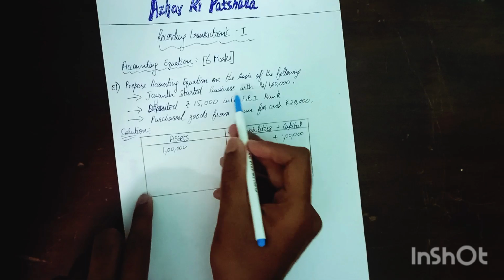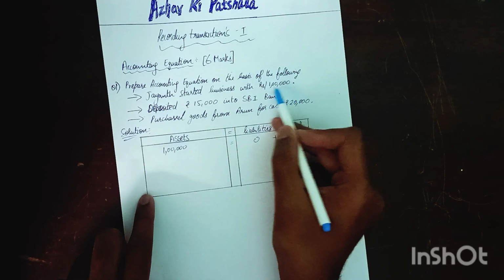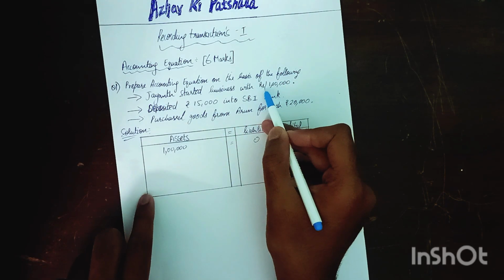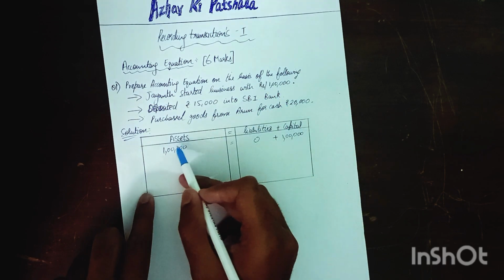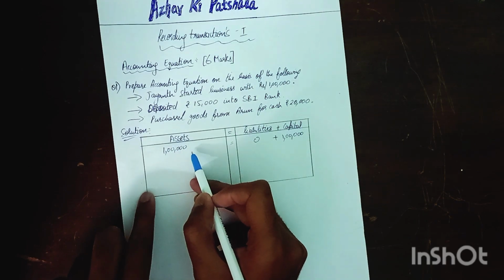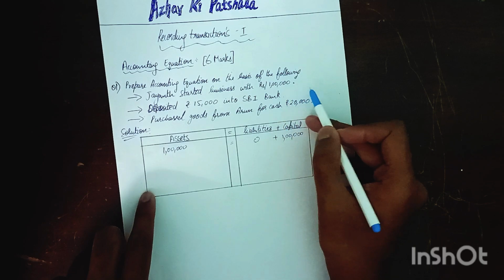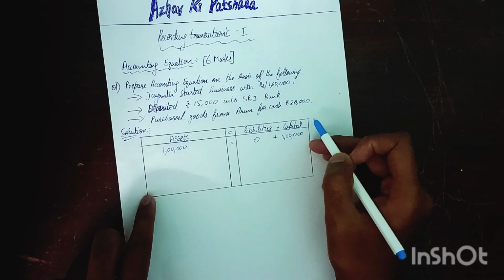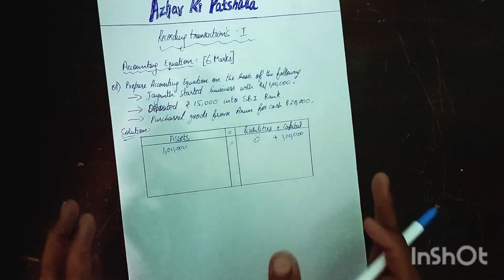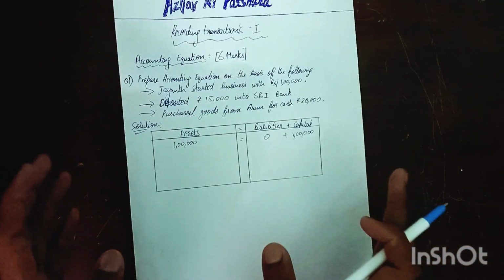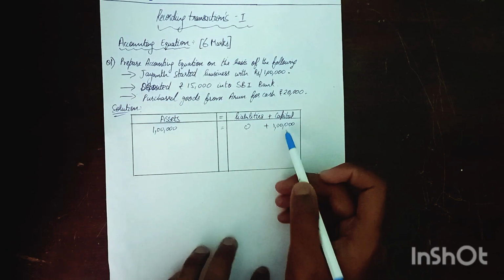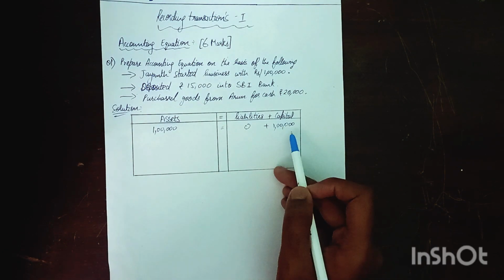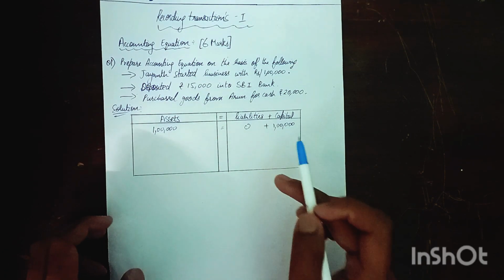Cash is an asset, so we write 1 lakh on the asset side. And when we start a business, we put our cash into capital, everything is put into the place where we start a business.